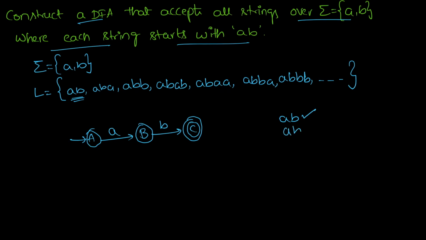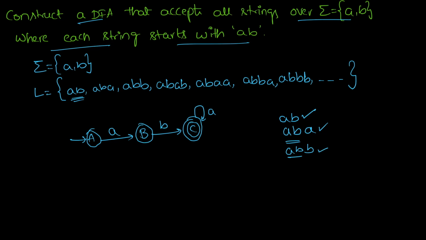After seeing AB, if we see an A, we need to accept this because this is starting with AB. So from state C, when we see an A, we will be in this state only. If we see B after AB, we need to accept this.